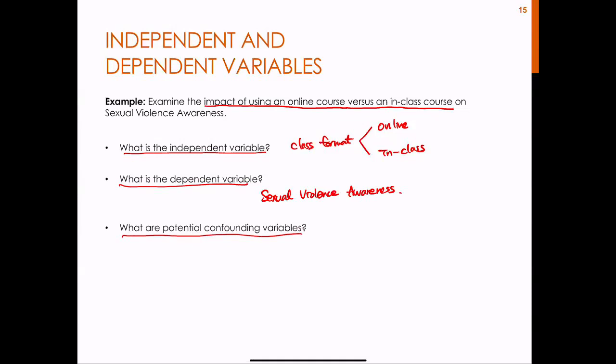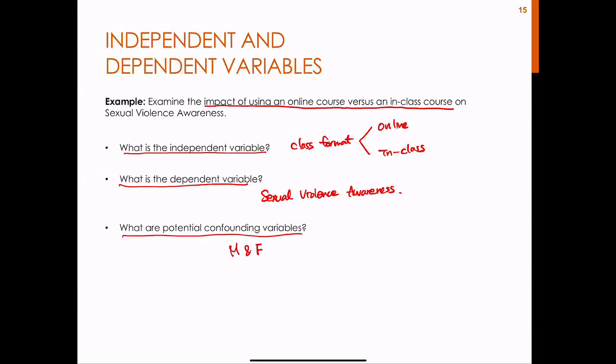So think about what potential confounding variables might be in this example. Maybe we can assume that both class formats have male and female students. If we assign only males or only females in both classes, we can figure out the effect of the course format.